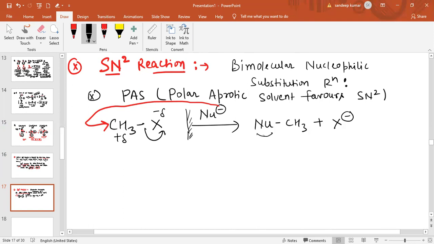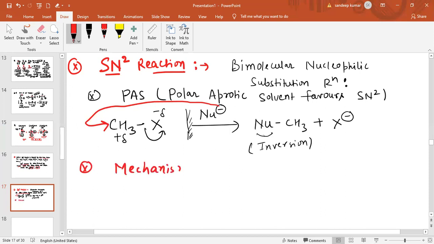So the product obtained is always the inverted product. We always say in SN2 there is inversion. Now we will discuss the mechanism of SN2.